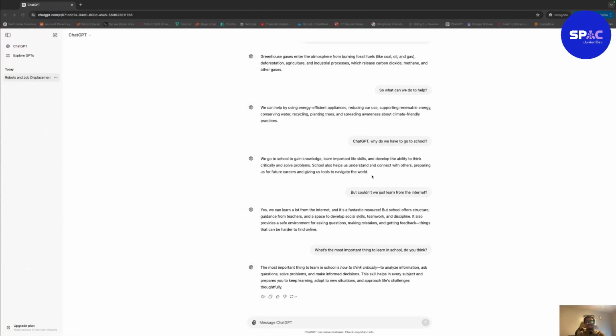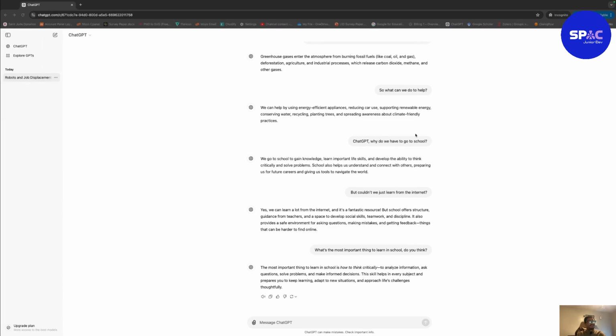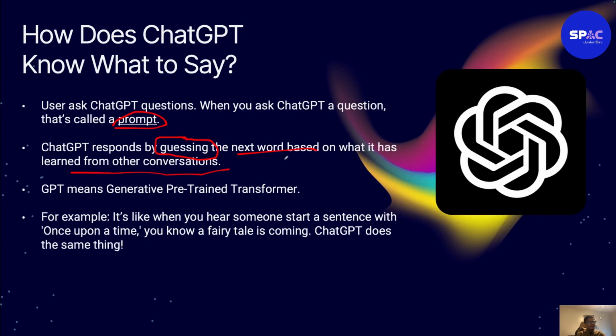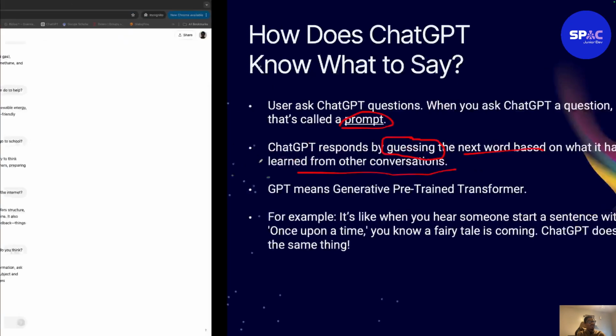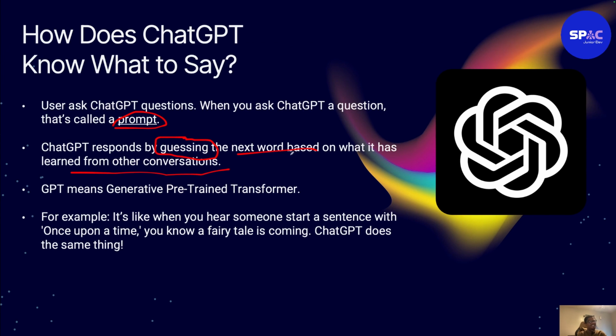Even though the answer looks really good, ChatGPT is just guessing, based on what it has read in how humans talk, right? So when I ask it the same question, it will say, "Oh, based on what I've read, I think this should be my response." Okay, so it's still guessing. So if it's still guessing, that means there is still an element of error. Okay, so ChatGPT guesses the next word by learning from human conversation. Okay, so I've talked about this before.